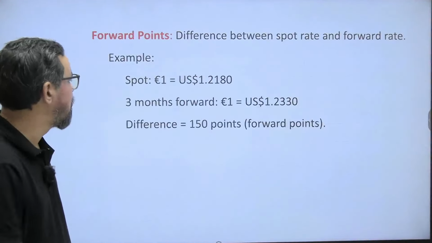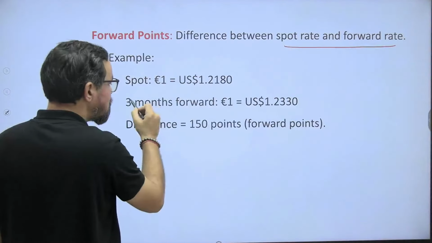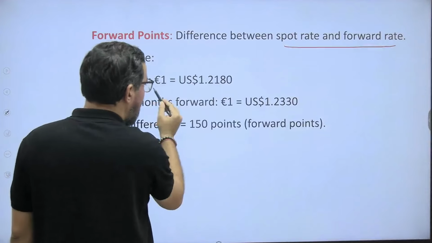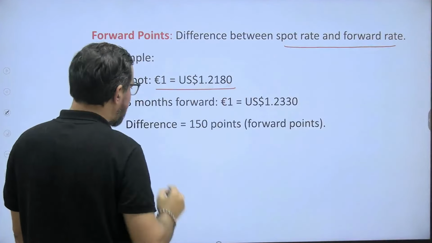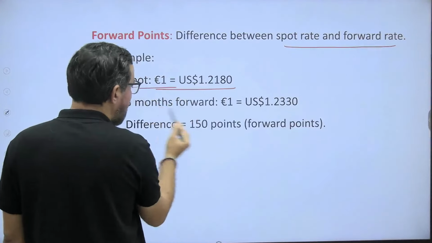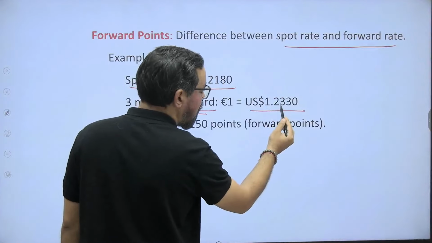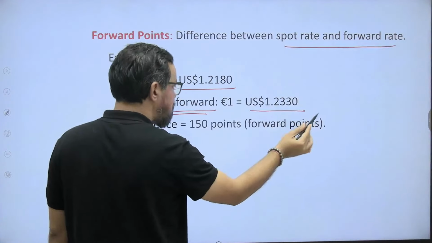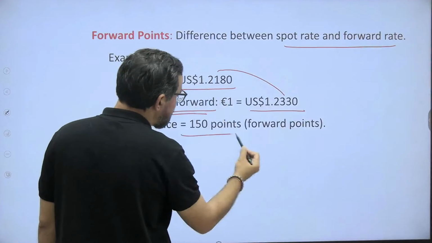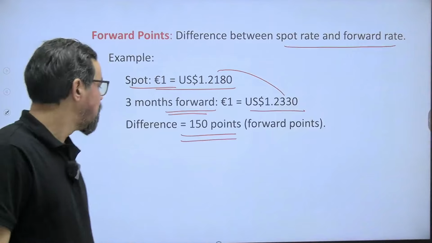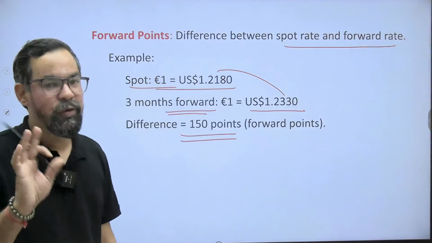With one example, let's say the spot rate is 1 euro equal to $1.2181. So for 3 months, this is the spot rate, and the forward rate is 1 euro equal to 1.2330. So the difference between these two, this minus this, is generally known as your forward point, which is 150 in this particular case. You just have to do plus minus, nothing else.